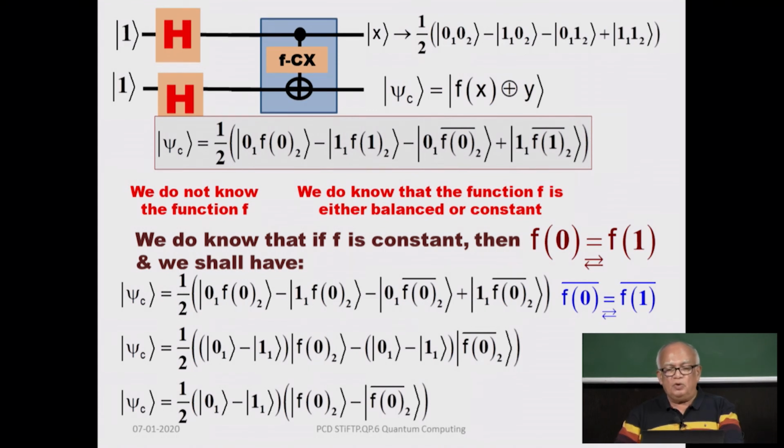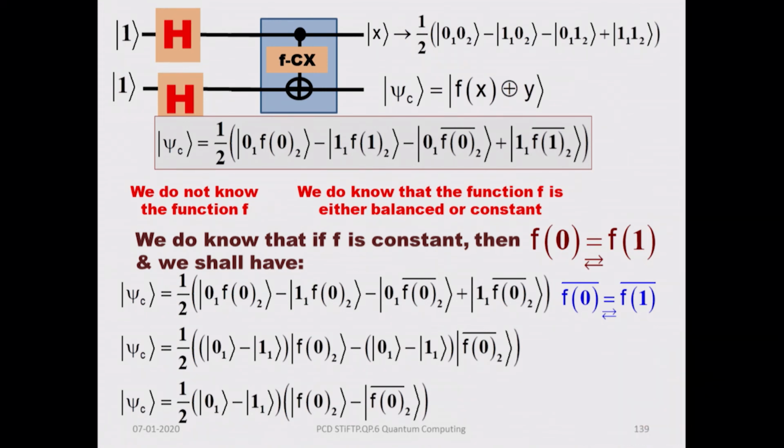The other term you do not know because you do not know what the function is. So, these are factored into the first qubit and the second qubit. You are able to do so because these are not entangled, right. And the first qubit is a point that you have met on the Bloch sphere for the constant function. Likewise, so you have identified what these factors are.